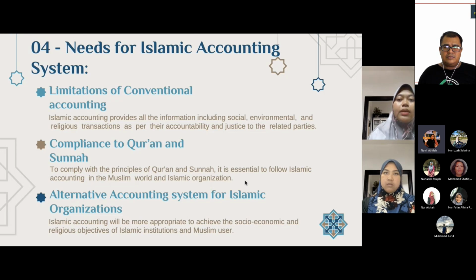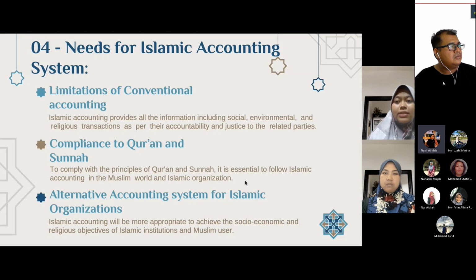religious. Second is the compliance to Quran and Sunnah. Since dalam Islam ni kita ada peraturan kepada halal dan haram. So as Muslim kita perlulah sebaik mungkin baik kepada peraturan halal dan haram tu. Macam conventional accounting kan, interest based mungkin conventional accounting ni tak reveal appropriate value of assets dekat balance sheet untuk pastikan jumlah zakat yang accurate, dan pembayaran zakat wajib tahunan oleh orang kaya kepada orang miskin.